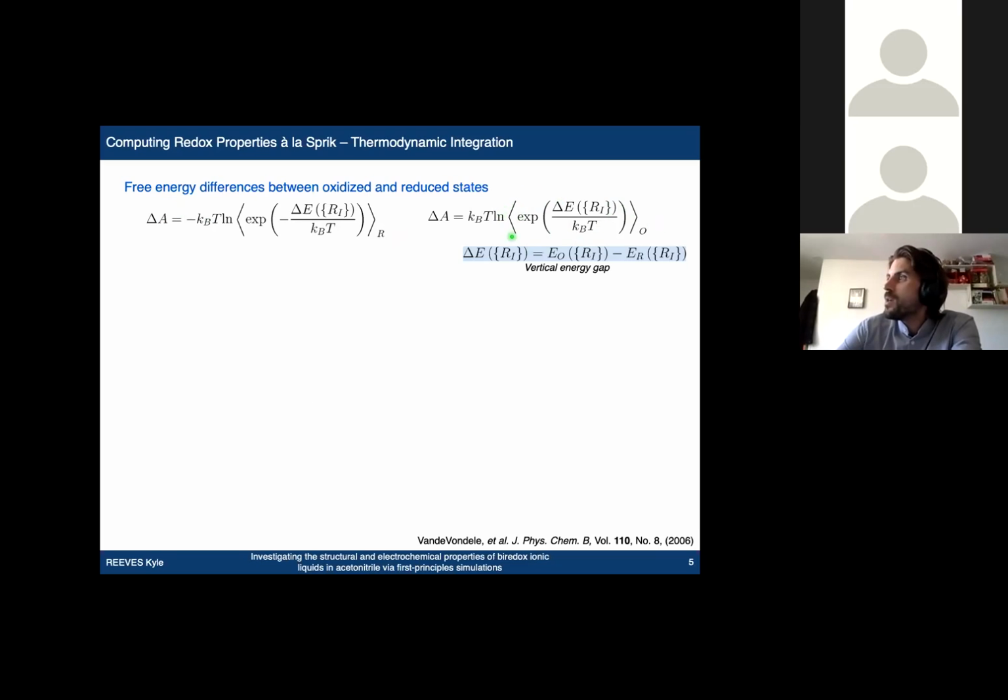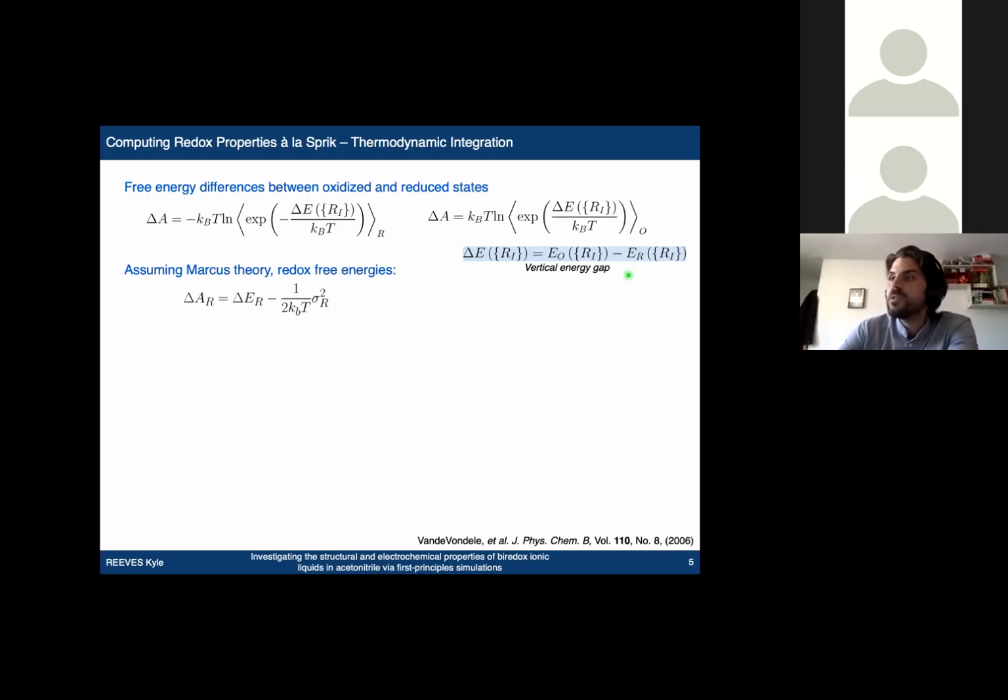And inside this ensemble average, what we have is this delta E, or the so-called vertical energy gap, which simply put is just the relationship between the energy for a specific configuration in its oxidized form with the identical structure in its reduced form. So it's an energy difference for a given structure.